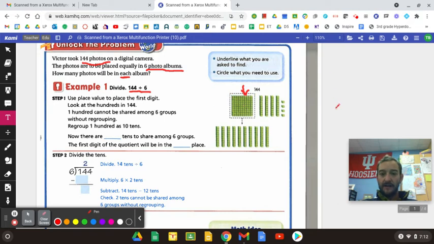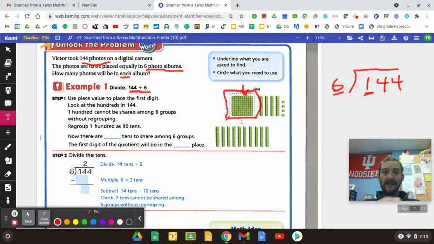When I'm dividing, so when I have down here 6 into 144, I have to ask myself, will 6 divide into 100? Now, that's what that 1 is there. So when you're looking at it, and you have this big cube, can I divide that into 6?